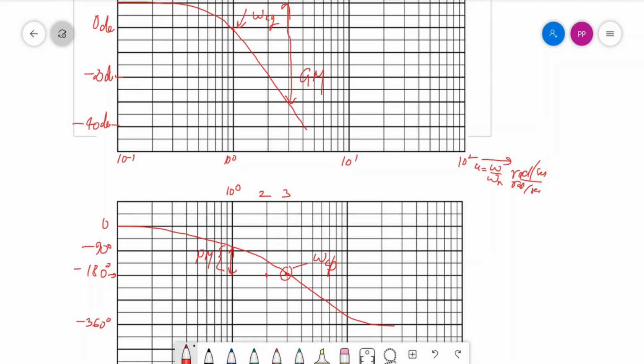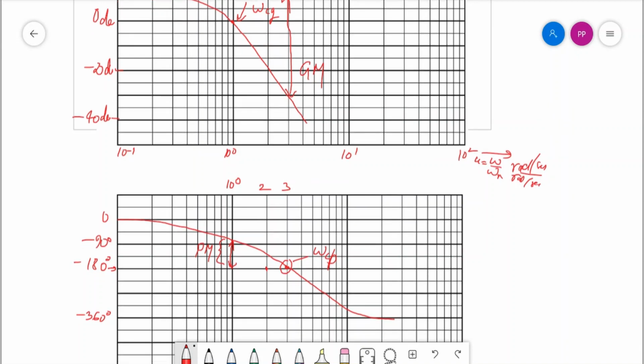We see that in this case both gain margin and phase margin are positive. So this much is for today, and in the next lecture we shall learn a few more concepts about frequency domain studies.